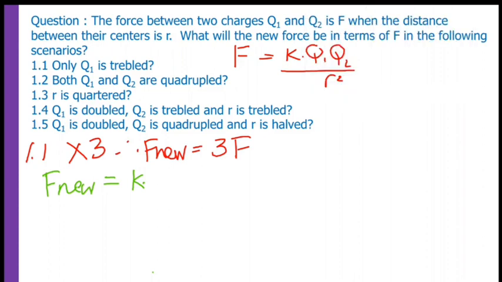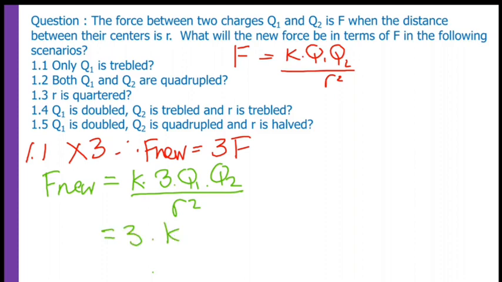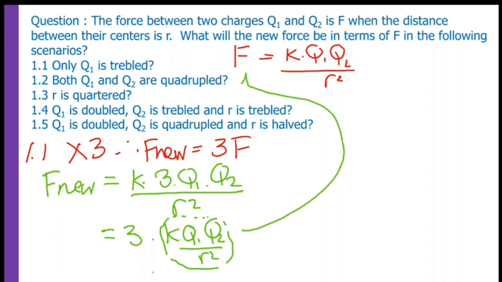So it's going to be K times 3Q1 times Q2, all over R squared. The factor 3, we can take it out. We can now end up with 3 times K Q1 Q2 over R squared. But we know that K Q1 Q2 over R squared is the same as F. So this becomes 3 of F.